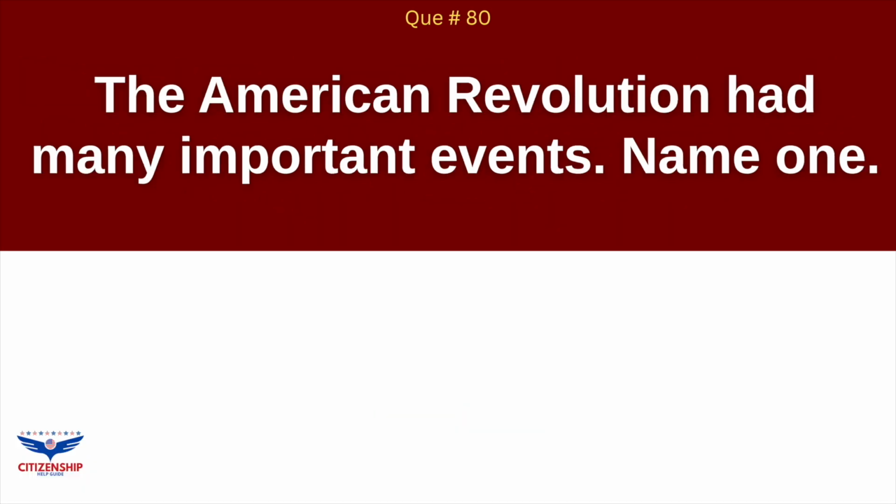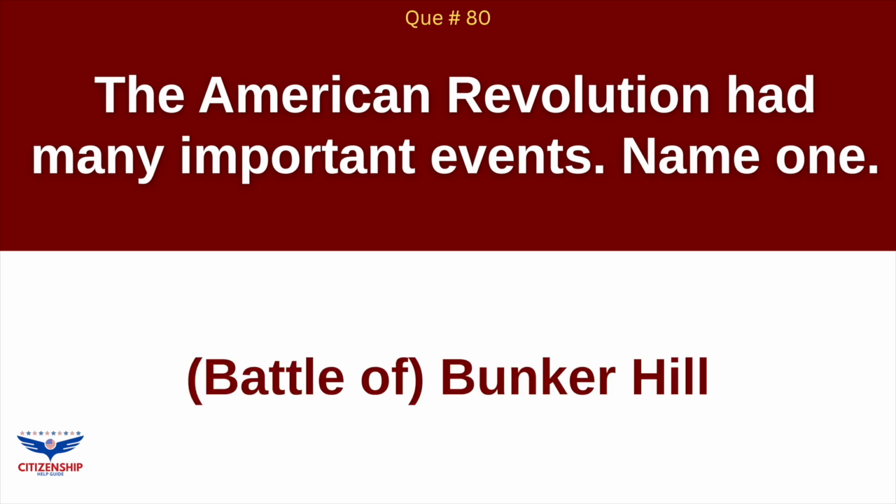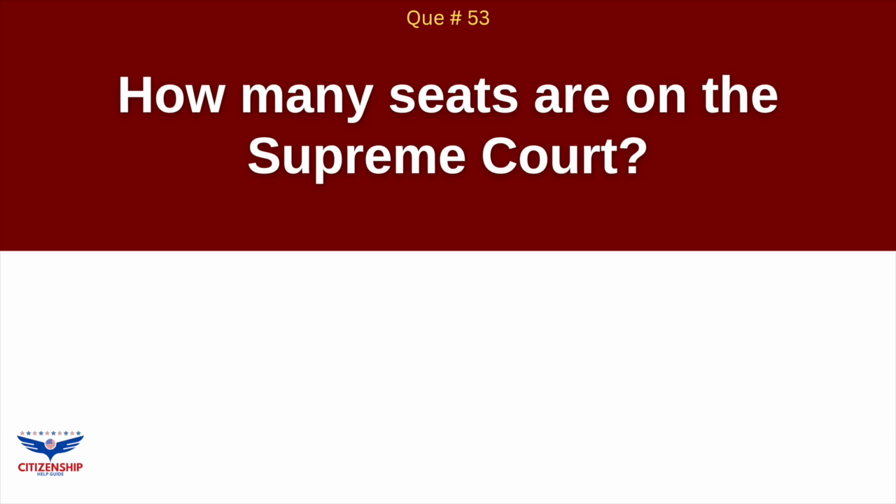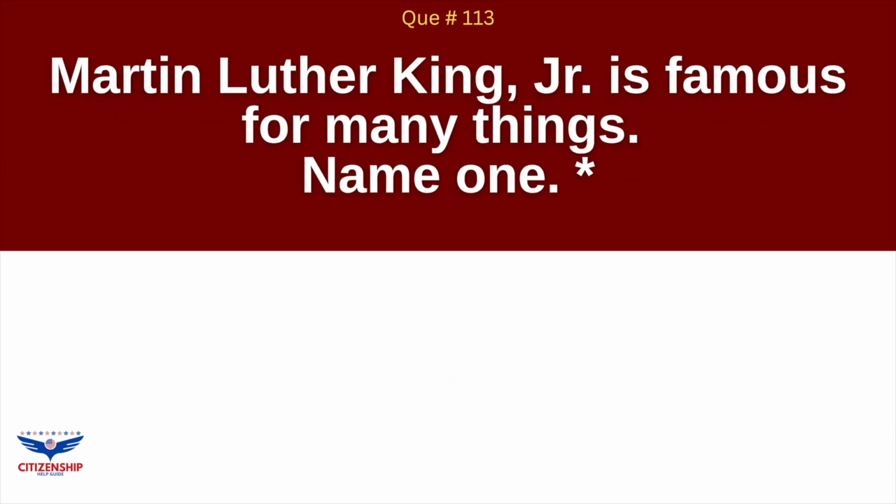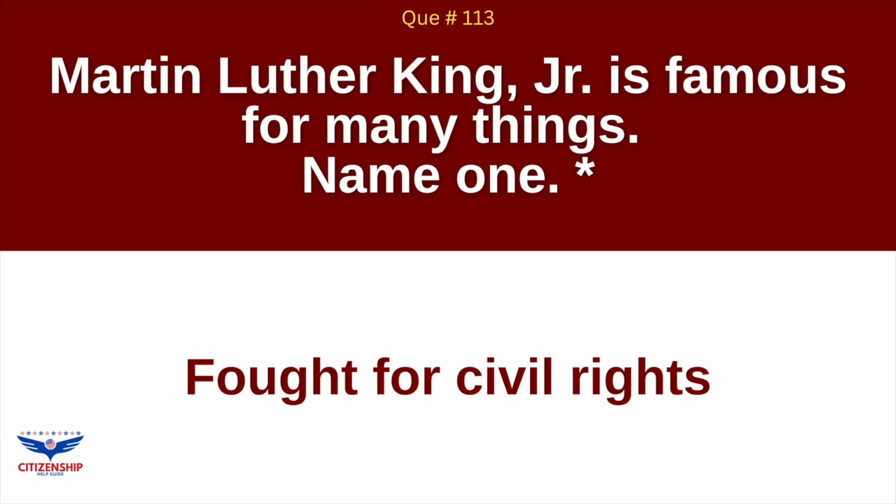The American Revolution had many important events. Name one. Battle of Bunker Hill. How many seats are on the Supreme Court? Nine. Martin Luther King Jr. is famous for many things. Name one. Fought for civil rights.